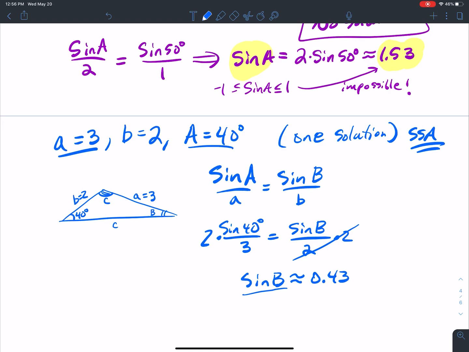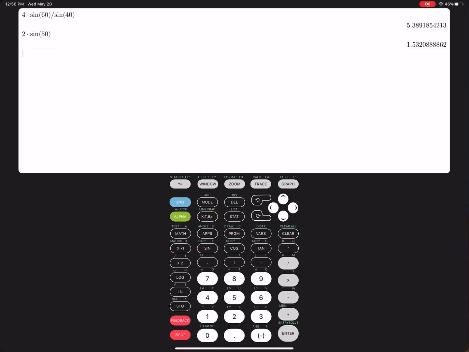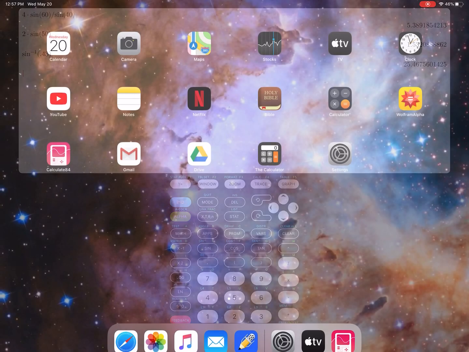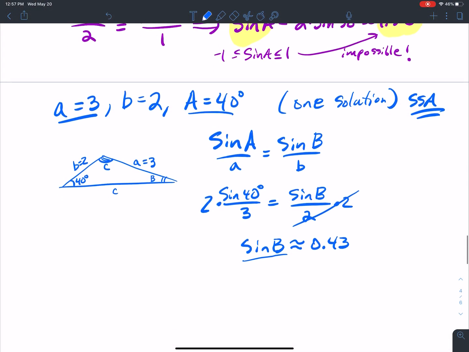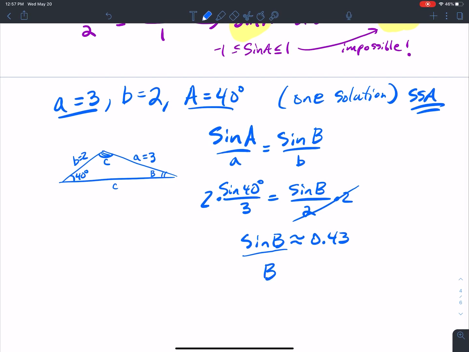And so if I do the sine inverse of 0.43, I get 25.4. Angle B is 25.4 degrees.